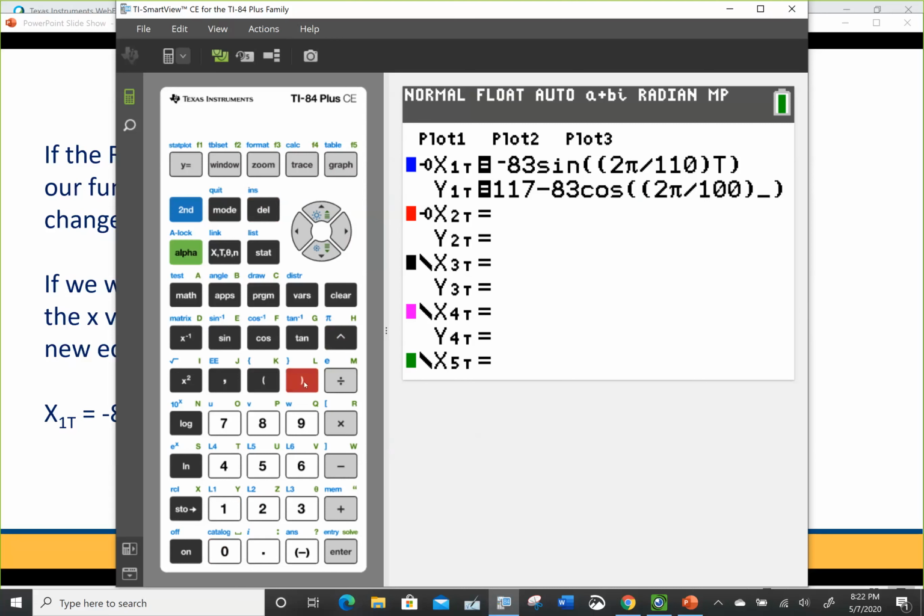What we've done now is the negative meant that our x values are going to start at the 0 and then go negative and then come back to the 0 and then go in the positive direction and then go down. And the y values are going to do the same thing they were doing earlier.